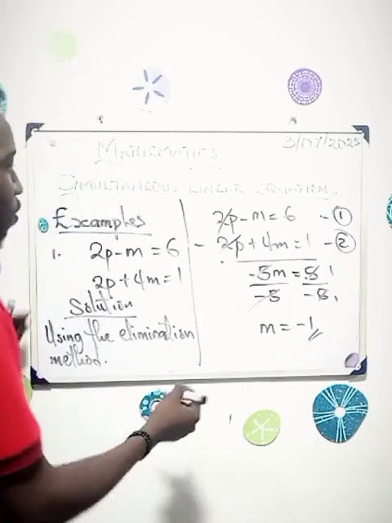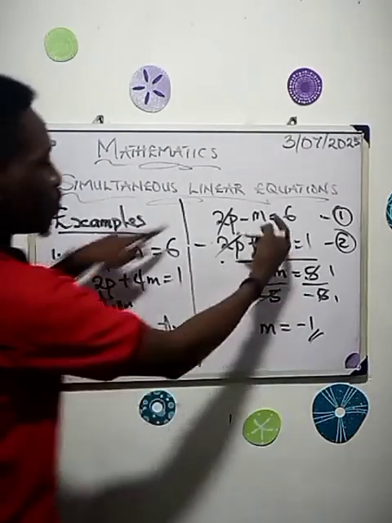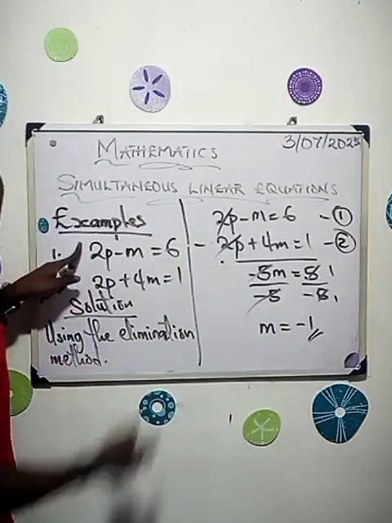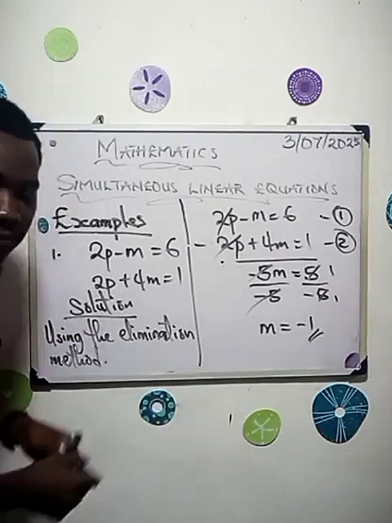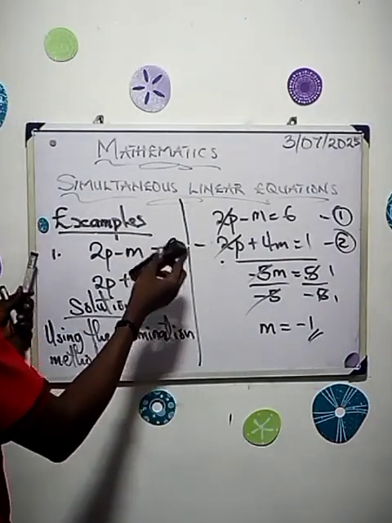Good, let's get p. So now m is minus 1. Let's put it into equation 1, the first one. I have to wipe off this.